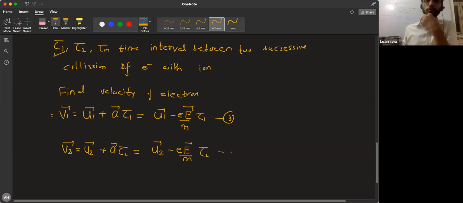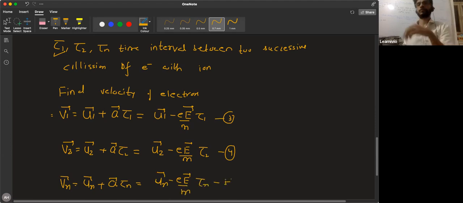Collision of what? Electron with ion, sir. With ions. Very good. Similarly, we can write for n electrons, which is Un plus a into tau n. So I can write this as Un minus eE by m into tau n, that is the fifth equation.